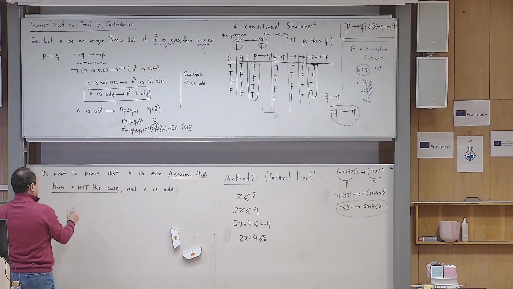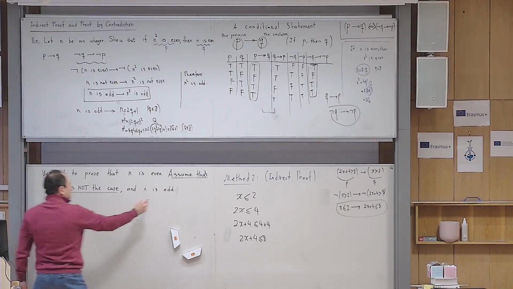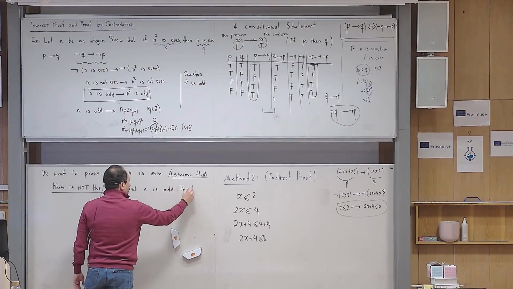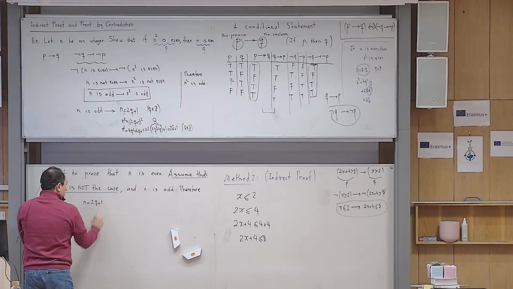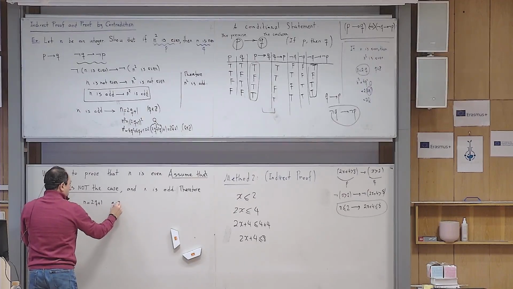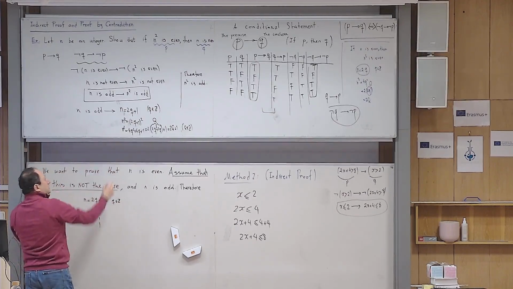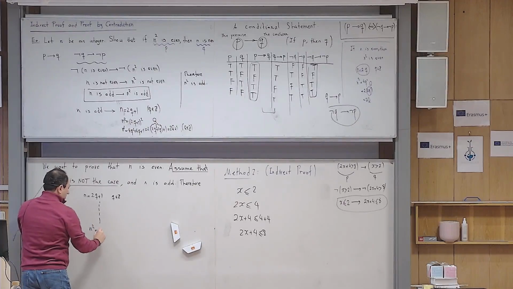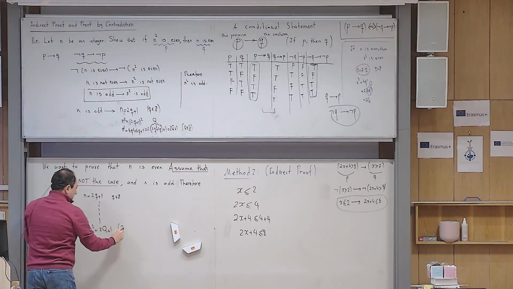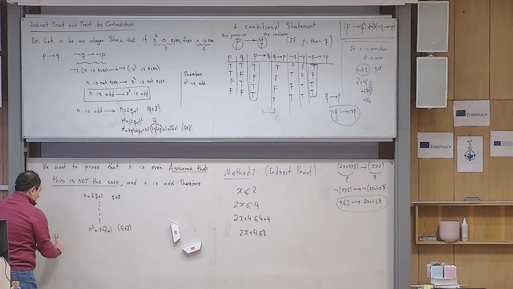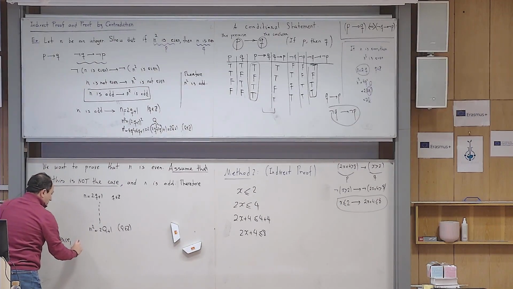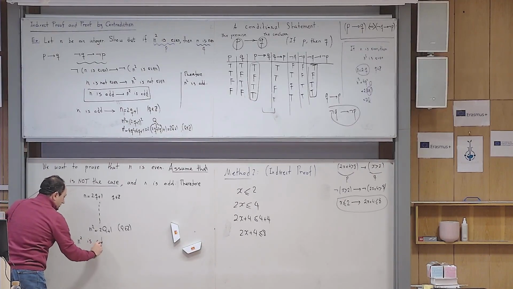Then write everything. Therefore, I don't want to write it. So n equals 2q plus 1, q in Z. You continue everything I wrote there. Therefore, so hence, n squared is odd.